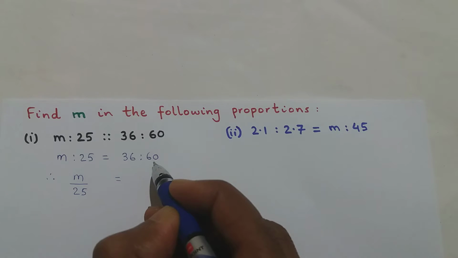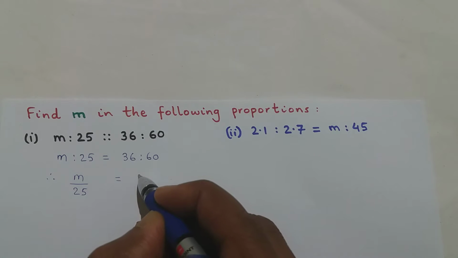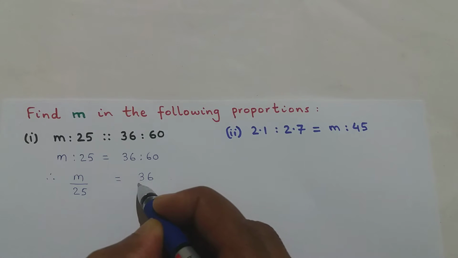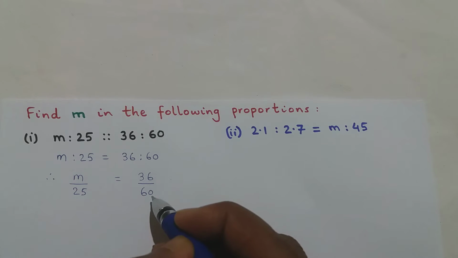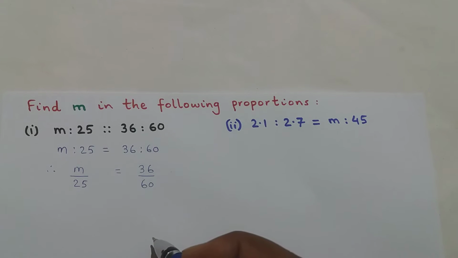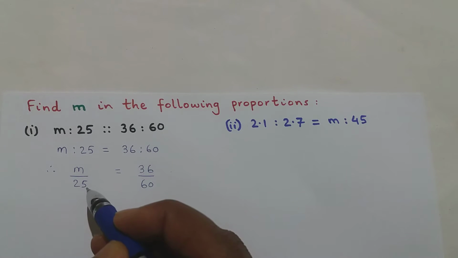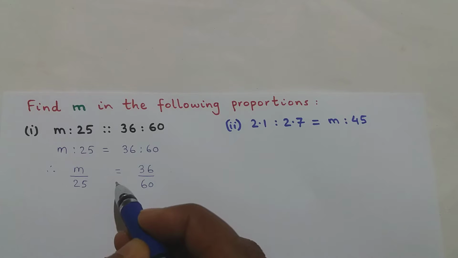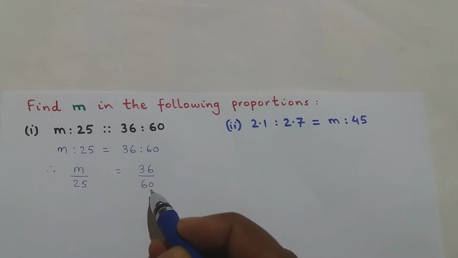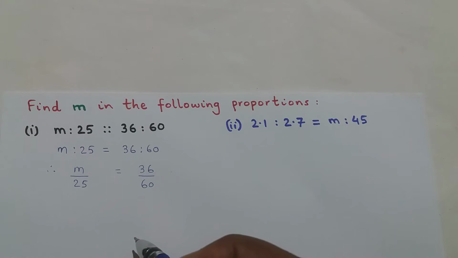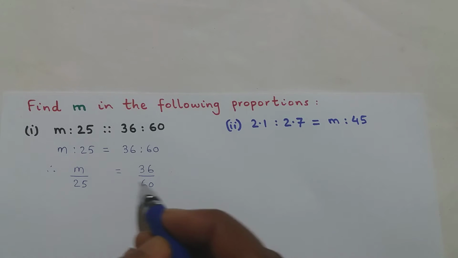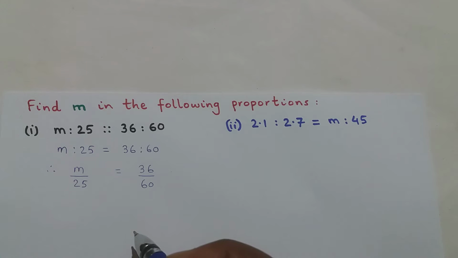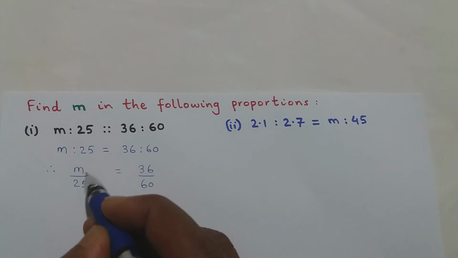Now 36 is to 60 can be written as 36 upon 60. So it becomes m upon 25 is equal to 36 upon 60. Now this is a linear equation in one variable where the variable is m.